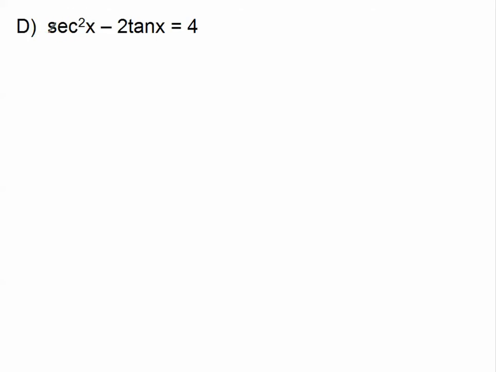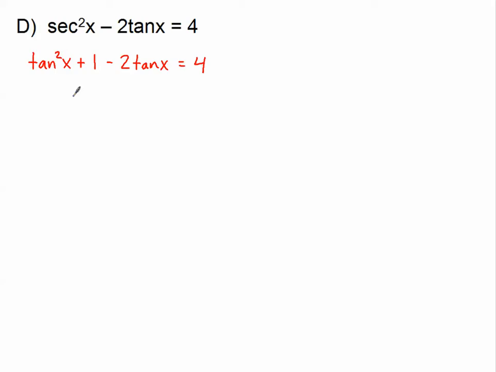Now we do need to remember what secant squared is equal to, and that is equal to tangent squared plus 1. Or some people memorize it as 1 plus tangent squared. Doesn't really matter. And that first step gives us an equation that only deals with tangent. So that's very nice. I like that. And we still have a tangent squared, so most likely we're going to be factoring.